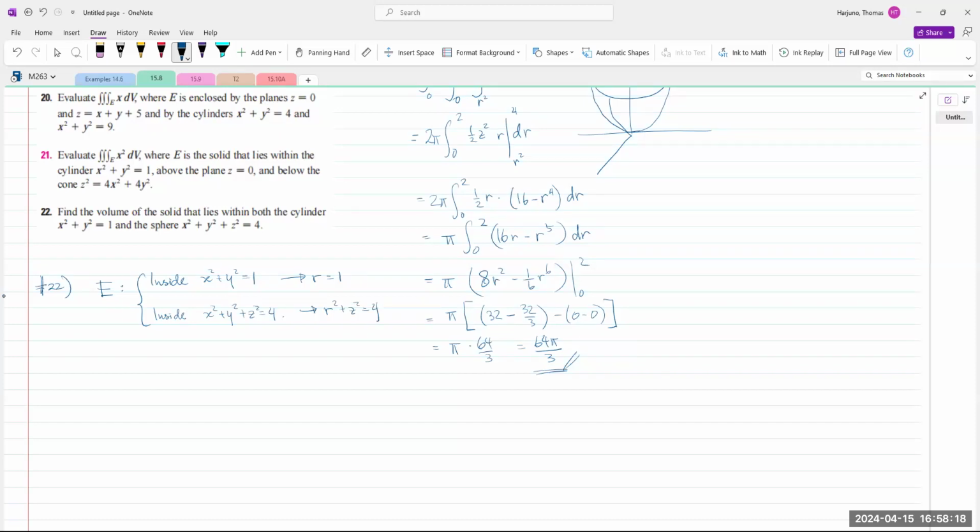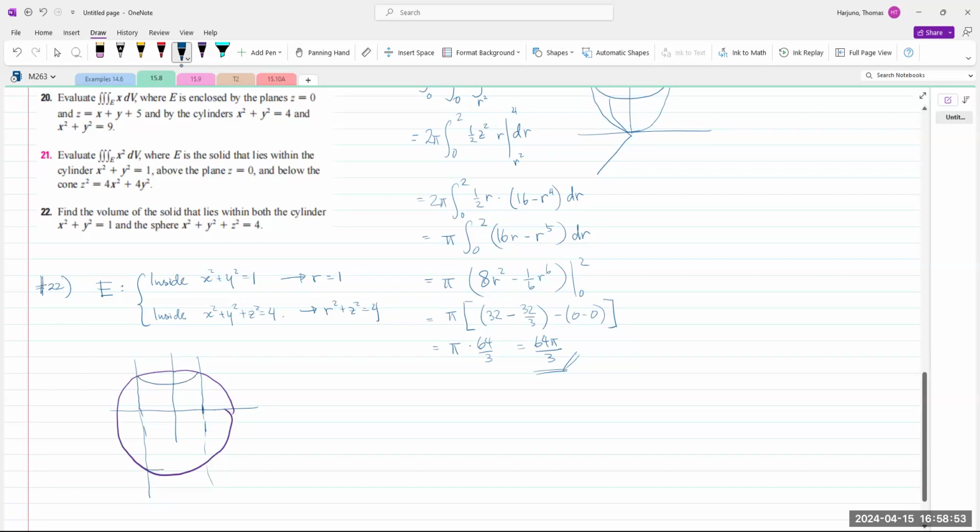What does the solid look like to start with? Well, inside the cylinder, r equals 1. So this is the cylinder. And inside the sphere with radius 2, something looks like this, approximately, right?